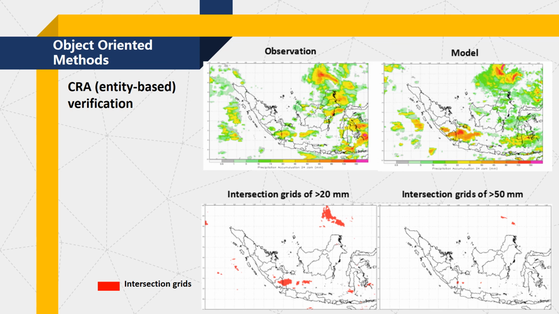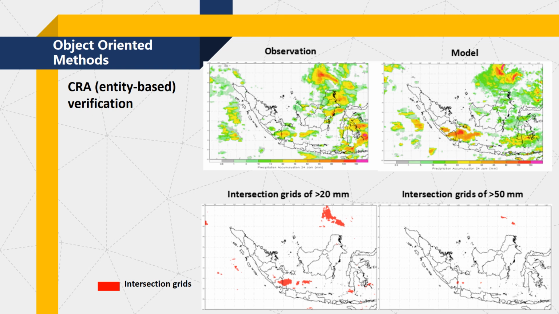Okay, the next part is still about the spatial type of verification method, but it is more focused on the object of signal, or this method will focus on the signal of variables that will be verified.